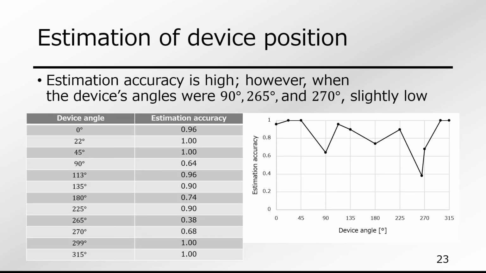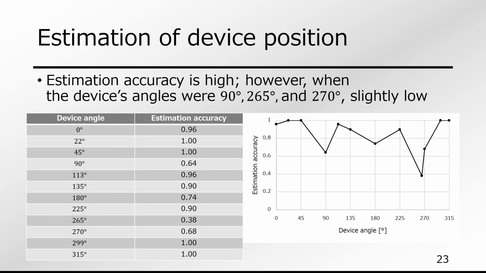We show the estimation accuracy of the device portion when the device angle changes on the recorded video screen. The horizontal axis of the graph is device angle, and the vertical axis is the estimation accuracy. The estimation accuracy is high. However, the estimation accuracy of the device portion was slightly low when the device angle was 90 degrees, 265 degrees, and 270 degrees.